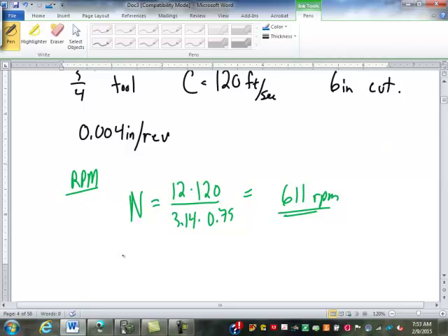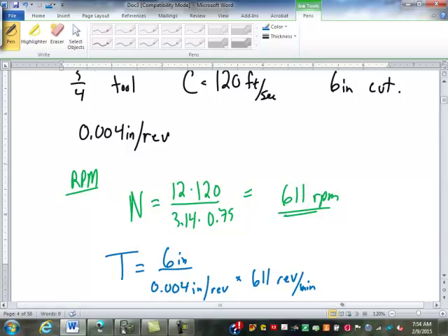Now we figure out the cutting time. So 6 inches over 0.004. I'm going to actually put the units in there this time. Inches per revolution times 611 RPM, revolutions per minute, like this.